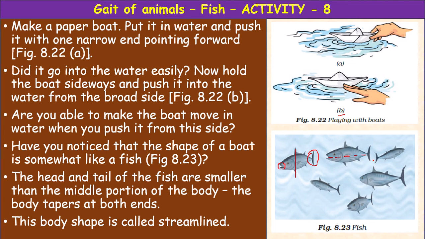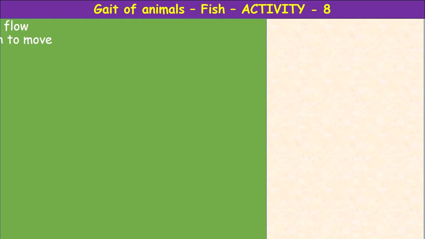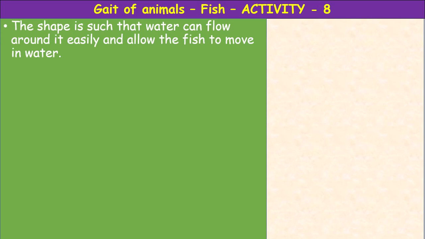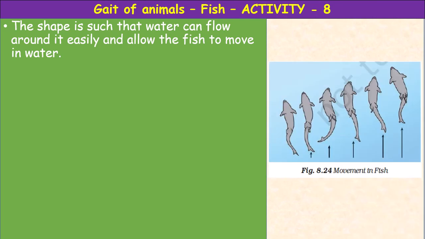It can pierce the waves of water and move forward with the help of fins. The shape is such that water can flow around it easily and allow the fish to move in water.